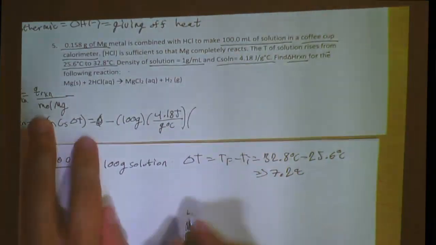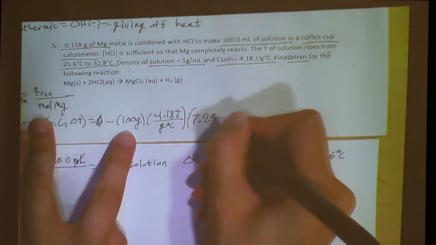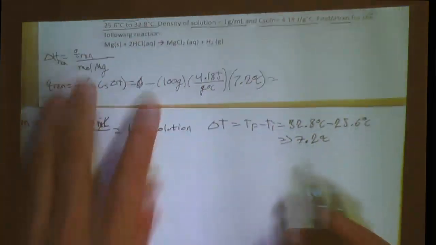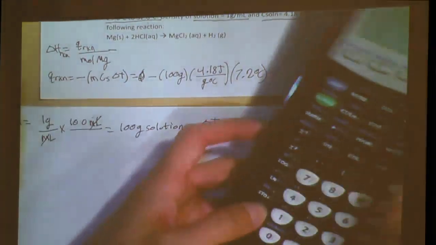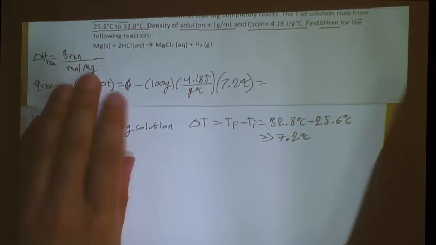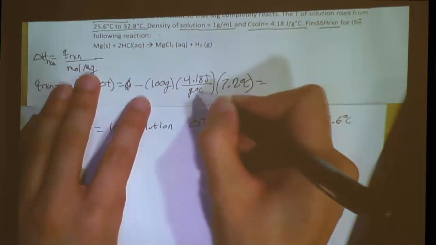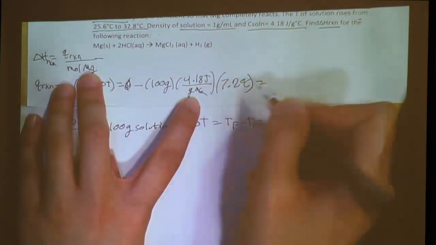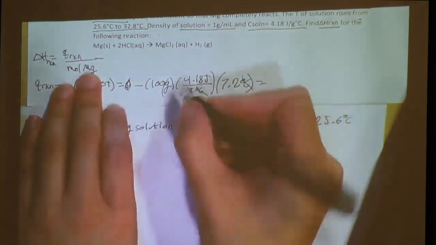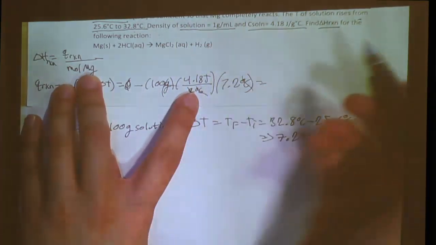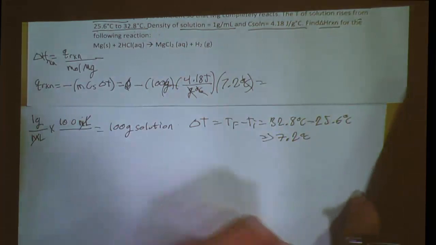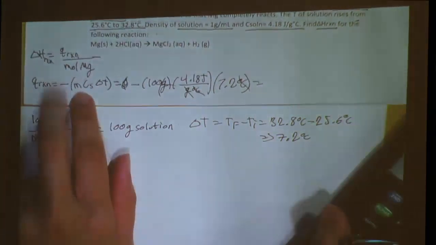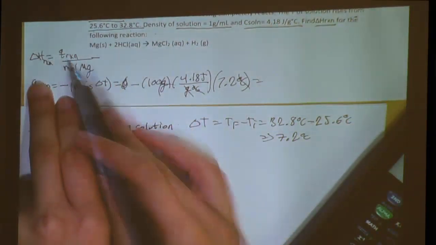So now we could plug that in, 7.2 degrees Celsius. Okay, and we make sure that our units also cancel. Celsius cancels, grams cancel, and we're in joules, which is what we want, right? How do we know that we want joules? Because we're looking for heat.